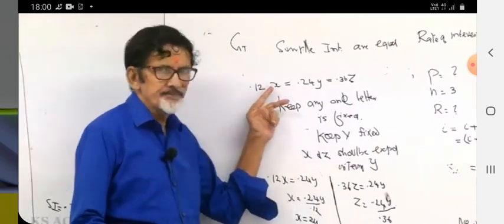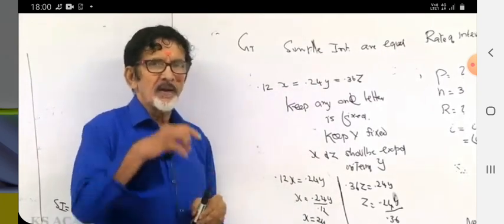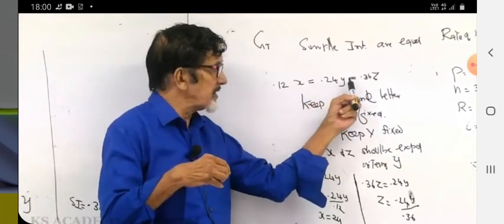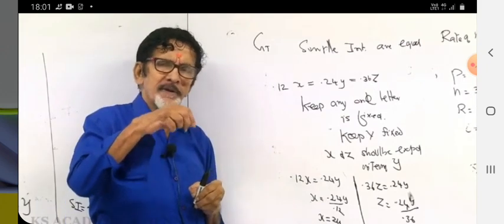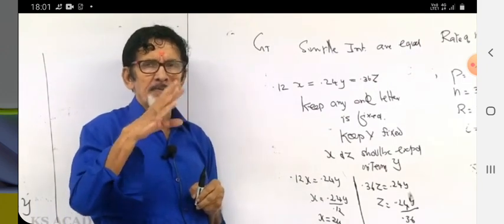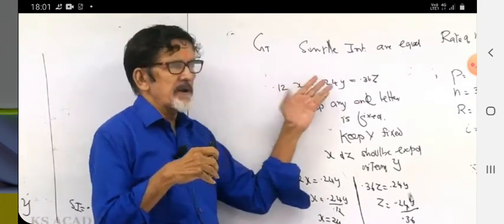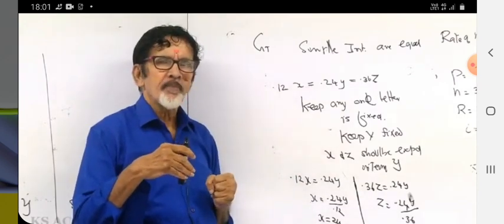Whenever there are three variables with equal signs and you want to calculate the values, any one letter you can keep as it is; it is your choice.